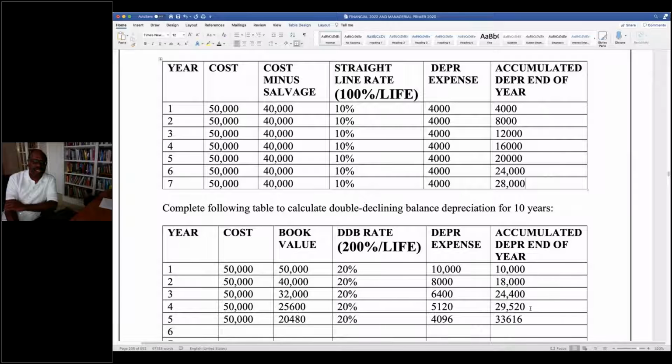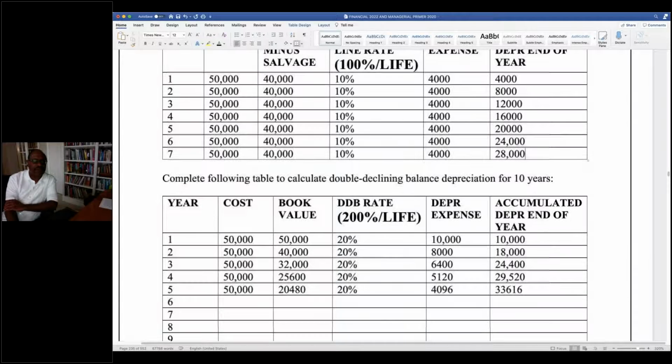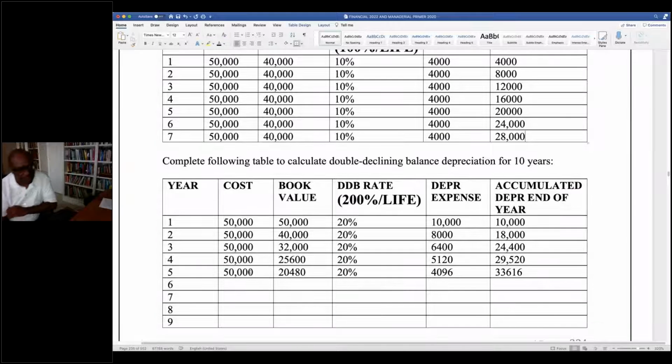And finally, in year 5, 50,000, book value is now 20,480. We just subtract whatever is on this line from the cost to get to here. So we accumulate depreciation from the prior line, then we take 20% to get to here.